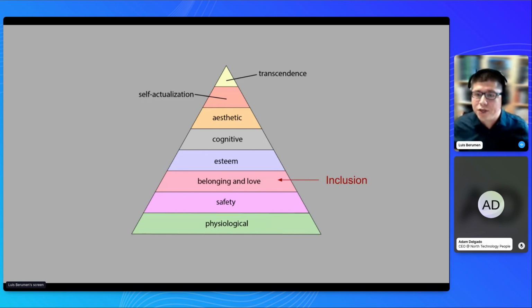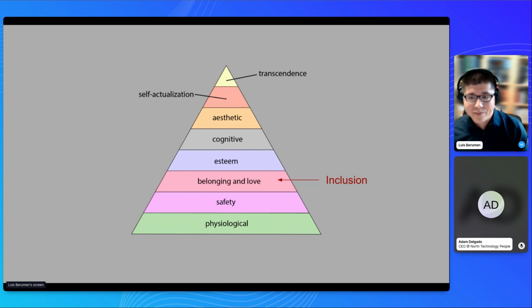I'm very sure that you are familiar with Maslow's hierarchy of needs, and belonging and love is right in the middle, right? You cannot go anywhere else without really knowing that you are part of a larger community, that you have been accepted, and also that the services and products that you are using are conducive for you to be part of a whole.